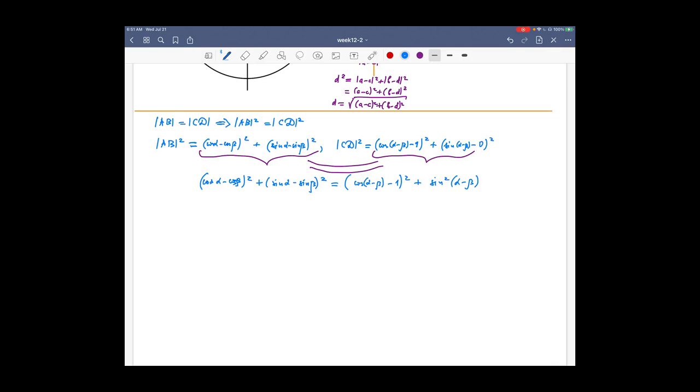All right, let us open all parentheses. So this first square is, for instance, square of the first guy plus square of the second guy minus twice their product.